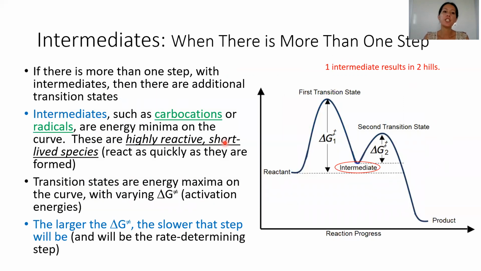There is a situation where you do have intermediates. We've already seen this in the reaction of the alkene adding HBr. What's the intermediate you form? You form a carbocation. These are very, very reactive, short-lived species, but they have been isolated in certain situations. So these are a stop on the energy diagram.